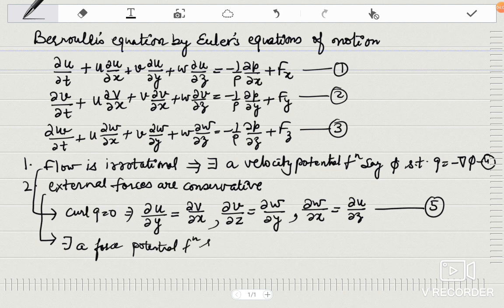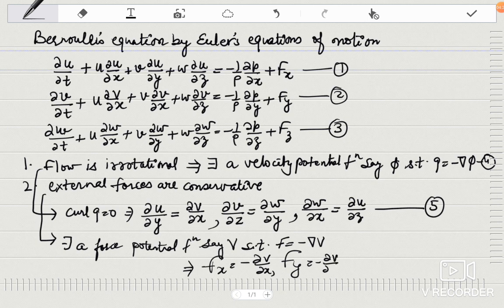Say we take V, such that f is equal to minus grad V. Again it implies that we will get fx = -∂V/∂x, fy = -∂V/∂y, and fz = -∂V/∂z.